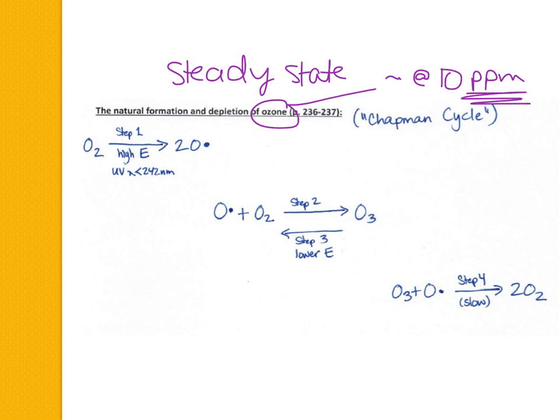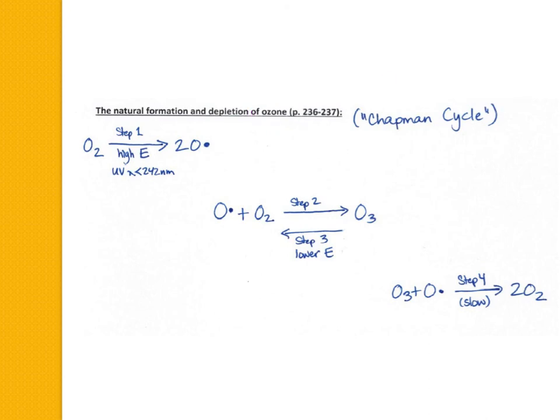It literally means like 10 ozone molecules per million of other molecules around in the ozone layer, so parts per million. So ideally we want the ozone itself to be at least 10 parts per million for us to be at the steady state. So we don't want the ozone turning into the oxygen too fast. We want to keep this equilibrium.